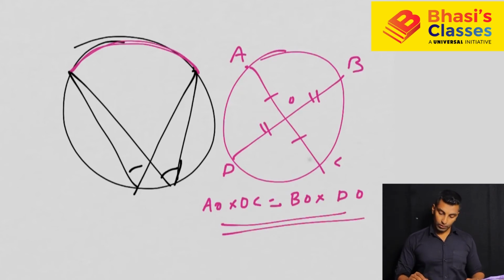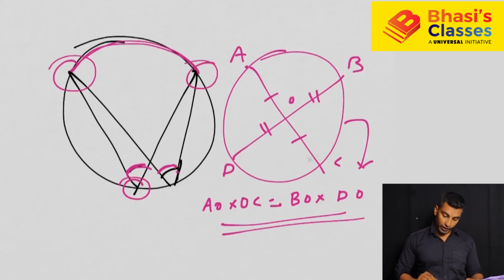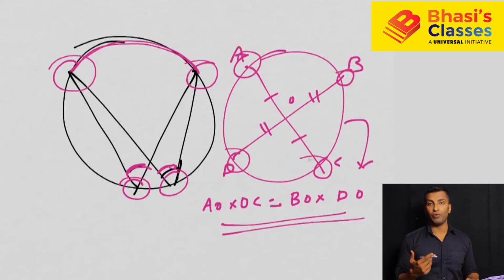This is what you need to remember if it is a length based question, and the other is the property you need to use if it is an angle based question, provided you have 4 points on the circle. So it's a revision of what we have discussed in the previous lecture.